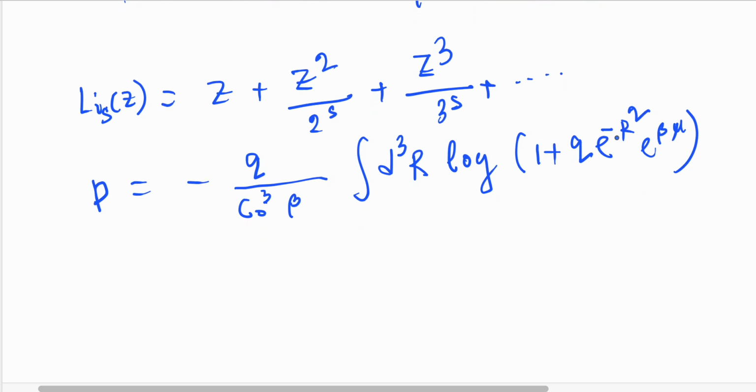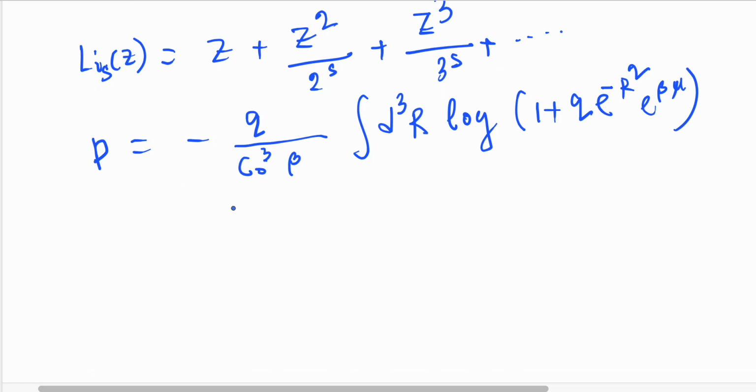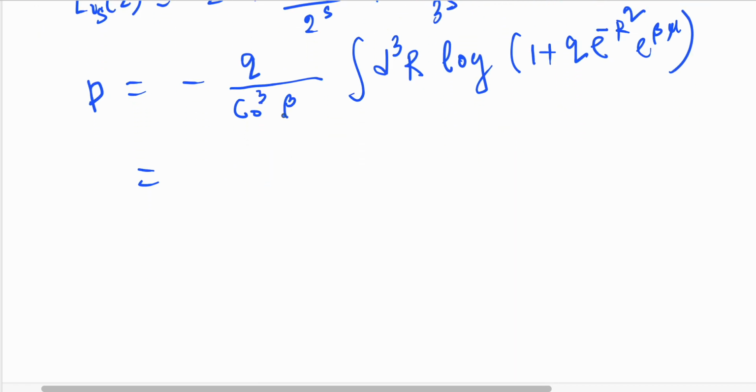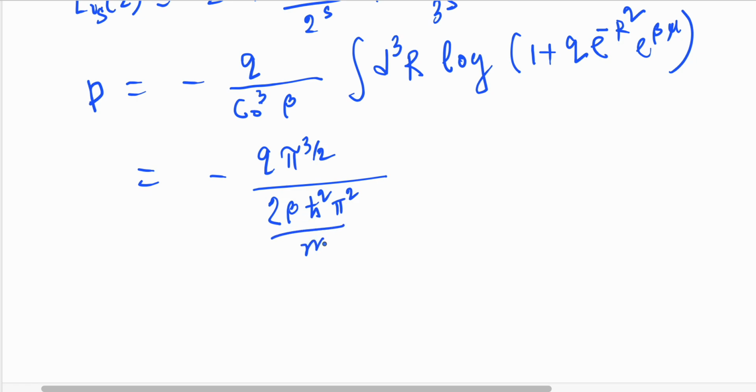Again, for Q equal to 0, you have to do it separately. For Q equal to plus or minus 1, it is valid. Now again, from a similar kind of calculation, you actually get the result: Q pi to the power 3 by 2 by beta, h cut square pi square by m to the power 3 by 2 into beta Li 5 by 2.